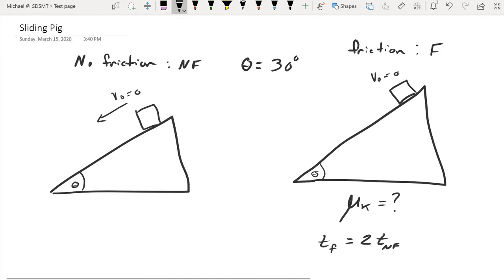So right here I've just written down that time for the friction equals twice the non-friction time. Whatever time it takes for the pig to slide down the incline, that's going to be T_NF, which, to generalize things, I'll just call T, which means the time in the friction case will be 2 times general T.